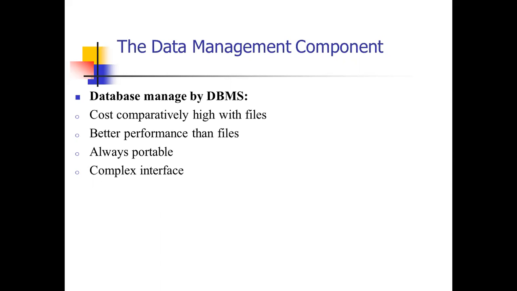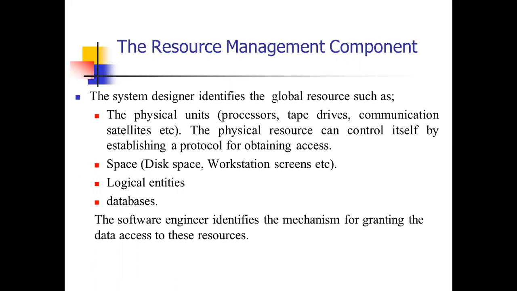Then the next component is the resource management component. In this, the system designer identifies the global resources. Global resources include physical units, which can be processors, tape drives, or communication satellites. Physical resources can control themselves by establishing a protocol for obtaining access to those physical units.